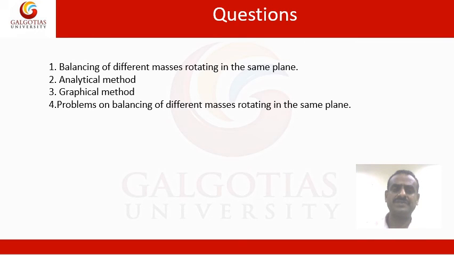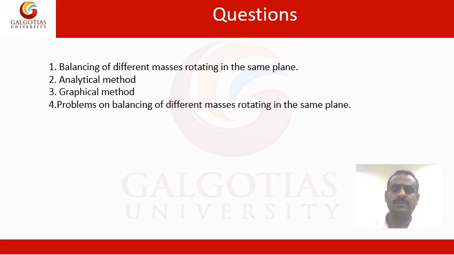The questions based on this lecture are: what is the meaning of balancing of different masses rotating in the same plane? Then, how can the magnitude and position of the balancing mass be determined using the analytical method?